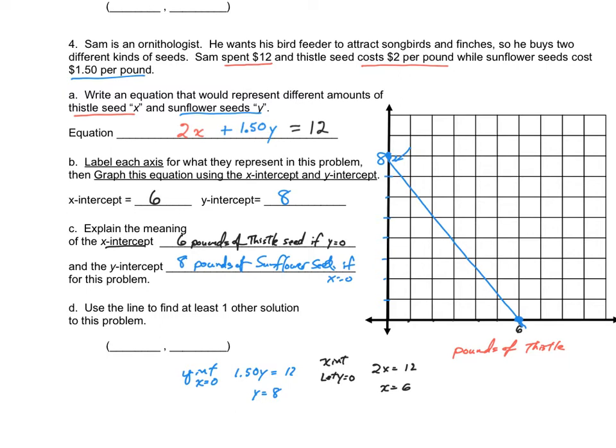So on this one, let's see if we come down 4 and over 1, 2, 3. That's probably a solution right there. And what does that mean? That means we could buy 3 whole pounds of thistle seed and 4 whole pounds of sunflower seeds and still make that with our $12.